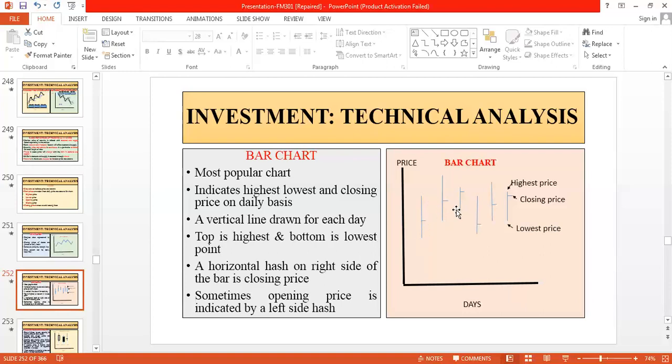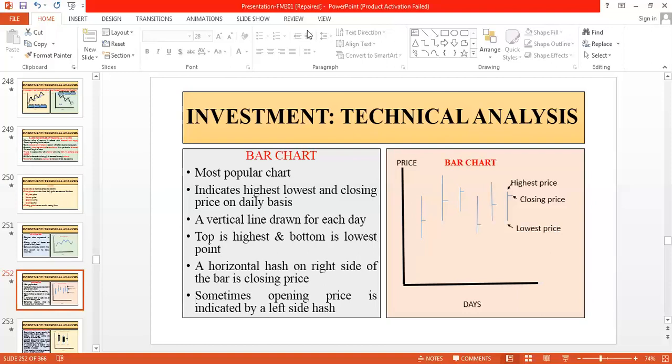So, in each case, the highest and lowest price is indicated by the top and bottom point of the vertical line, and if the length of the vertical line increases, it means there is a huge fluctuation between the highest price and the lowest price.